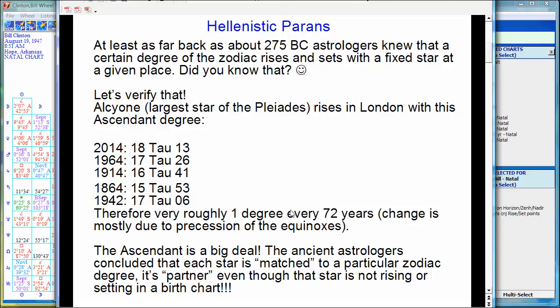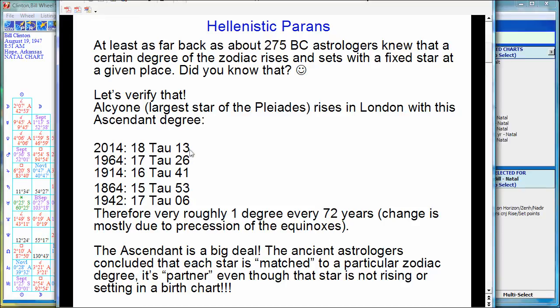In those days, the ascendant was more important than the sun sign. So the degree that's rising when a star rises is a big deal. And the ancient astrologers concluded that each star is matched to a particular zodiac degree. It's its partner. So the partner of the Pleiades in London today is 18 Taurus 13.